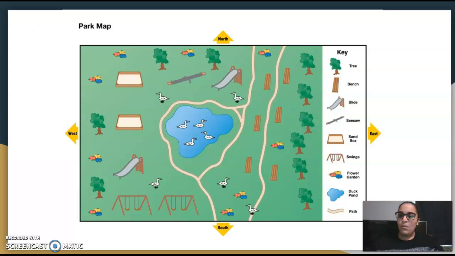Now, when we're using a map key, which is right here on the side, we notice that it has trees, benches, slides, seesaws, sandboxes, swings, flower gardens, duck ponds, and paths. Now, the important thing about this is how many are there? Can you point out how many trees there are on this map? I'll give you a second.